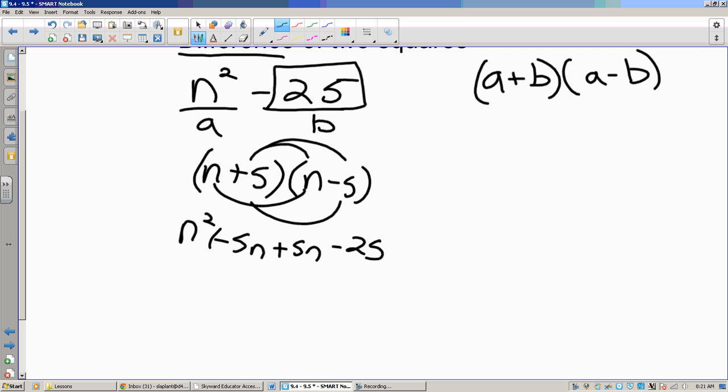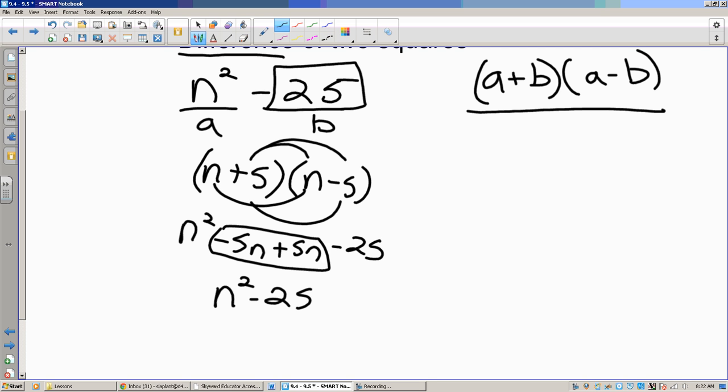So you can see our middle terms cancel each other out. -5n plus 5n, we're left with n squared minus 25. And that's why this works all the time, because these middle terms end up canceling each other out. Okay?